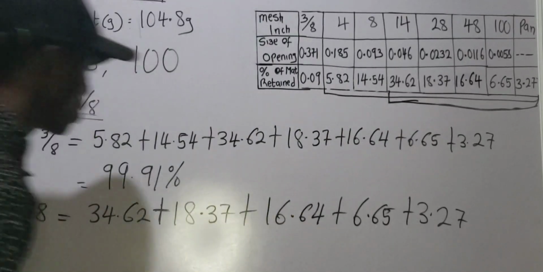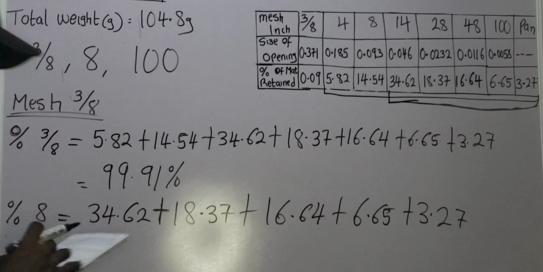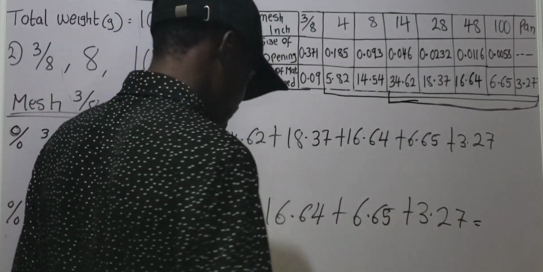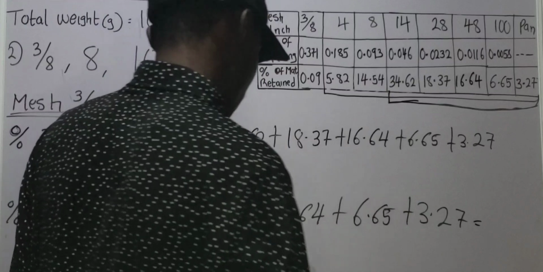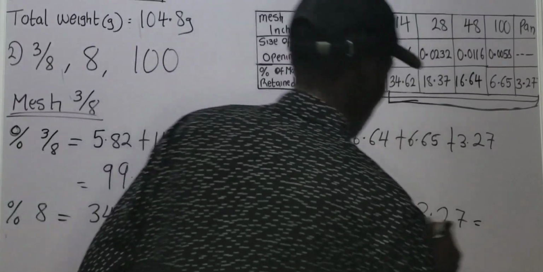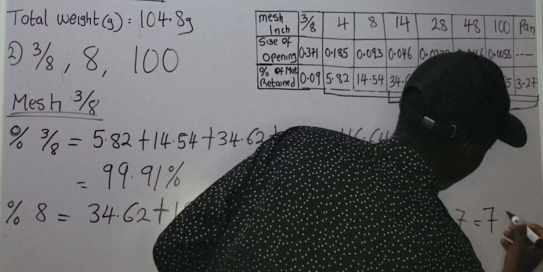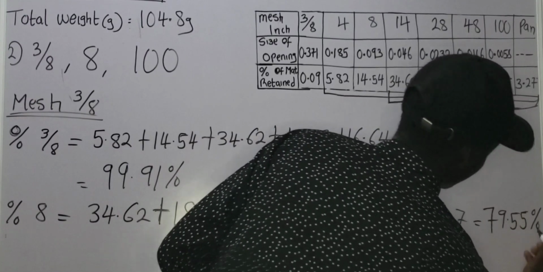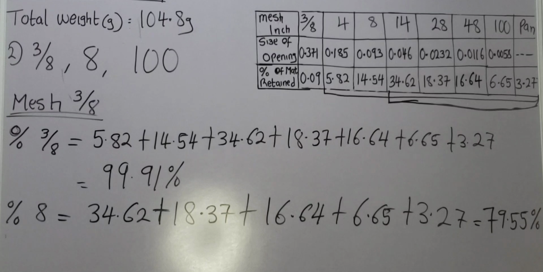If you punch your calculator, you are going to get 79.55%. So 79.55% pass through mesh 8.